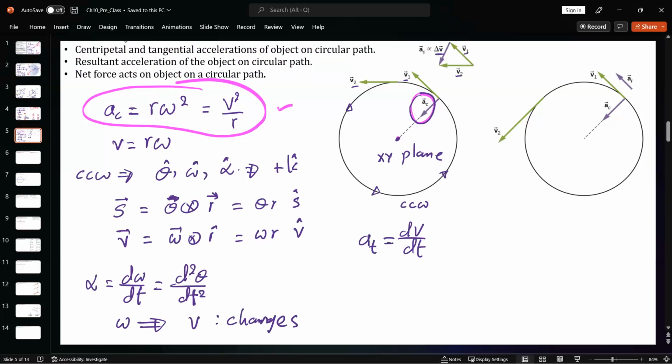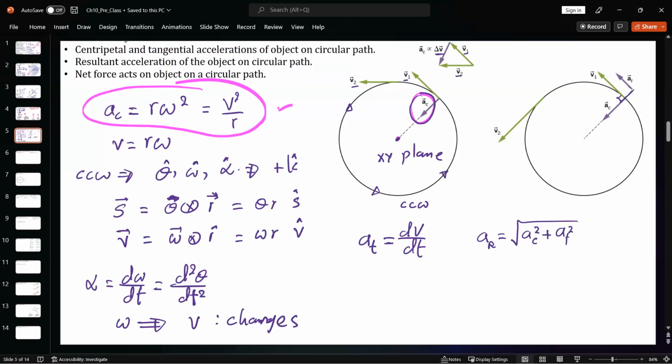So that means now I have another acceleration at every single moment in the tangent direction, which means we're going to have two accelerations at all times, so the object will experience some sort of resultant acceleration that we can find as the square root of a c square plus a t square, in some direction.